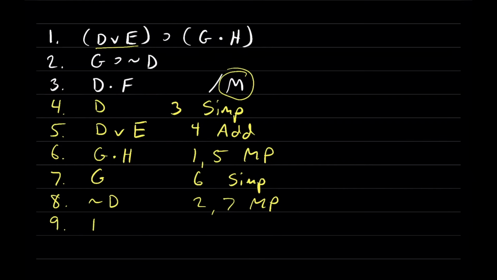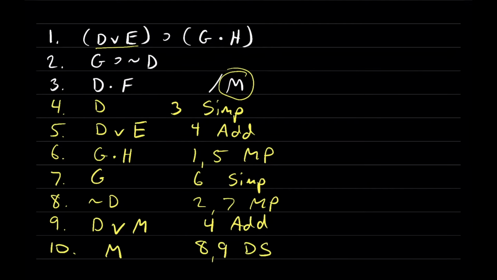So we can use addition to add M onto D, D or M. And that's going to follow from line 4 by addition. The reason we did that is so we can set up a disjunctive syllogism. If we know D is false, we then know M has to be true. So on line 10, we know M has to be true on its own line. And that's going to follow from line 8 and line 9 by disjunctive syllogism.